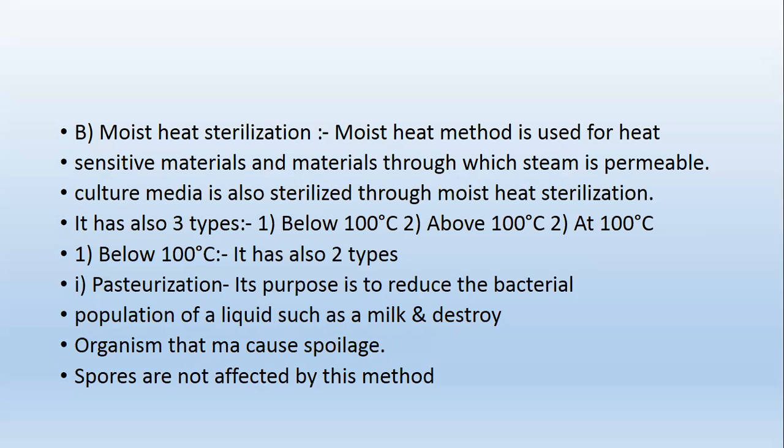Below 100 degrees Celsius, it also has two types: pasteurization, which is process to reduce the bacterial population of a liquid such as milk and destroy organism that causes spoilage. Spores are not affected by pasteurization.